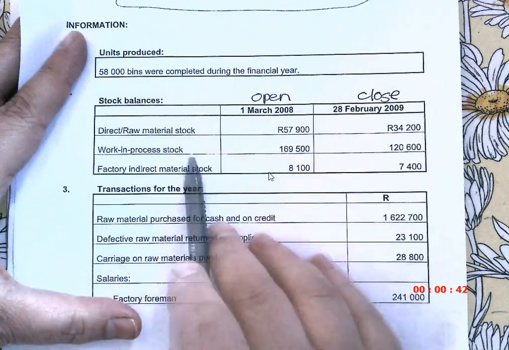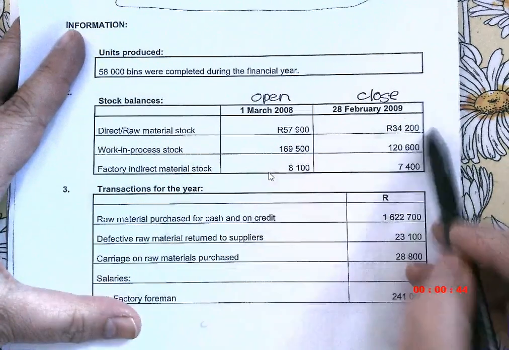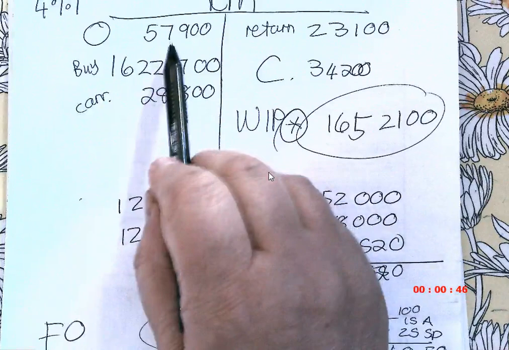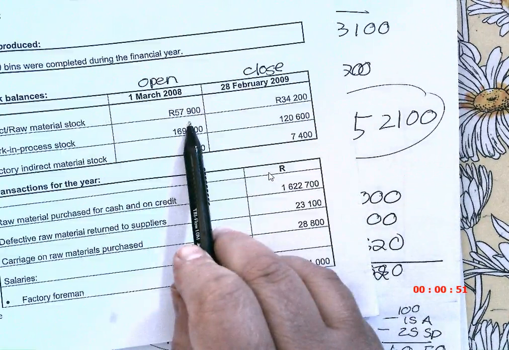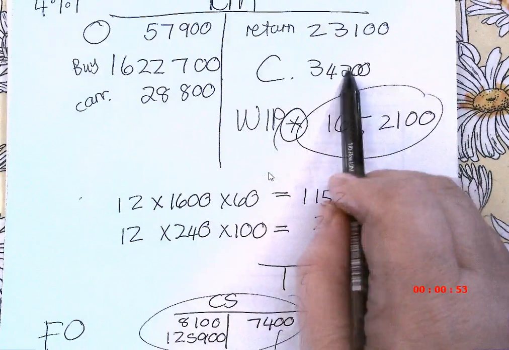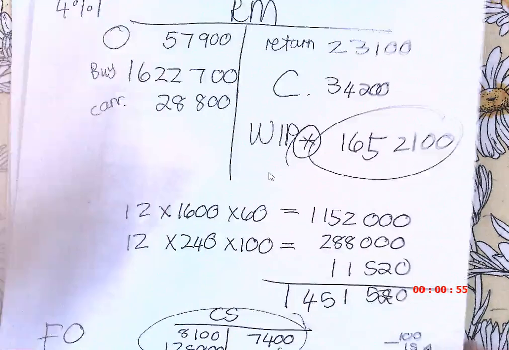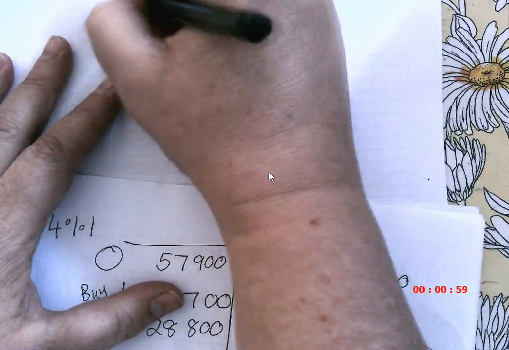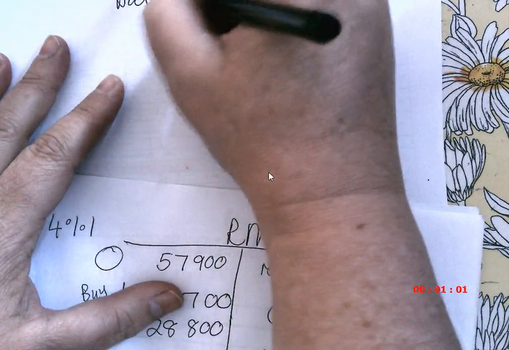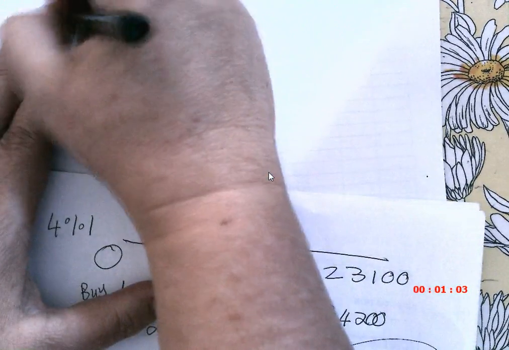Okay, so now my direct material has an opening balance of 57 and a closing balance of 34. Now I know this might look a little bit confusing, but remember, I must have a balance BD, né, on the 1st of, let's say, January.